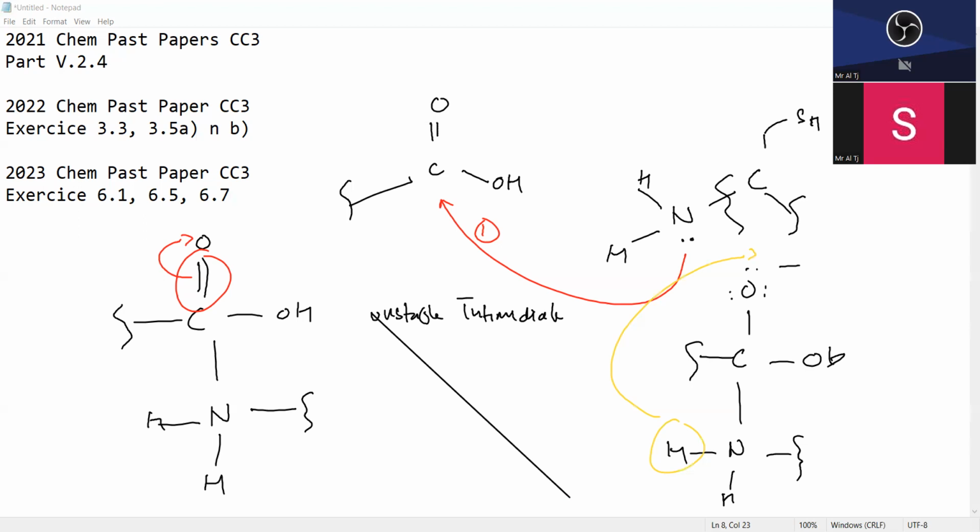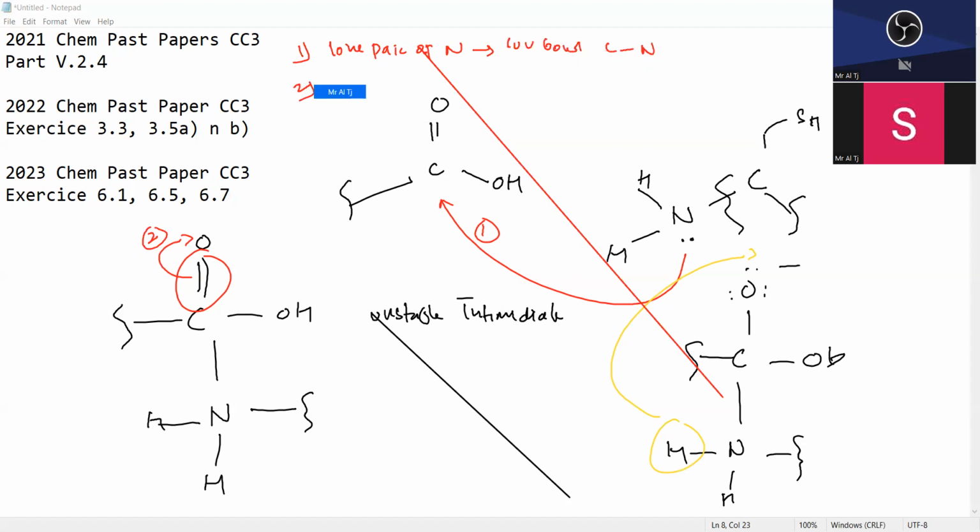The first, the electron pair from the pi bond. A pi bond is a couple of electrons. So the pi bond becomes a lone pair of oxygen. I repeat them here. First one, the lone pair of nitrogen becoming a covalent bond, the covalent bond between carbon and nitrogen.